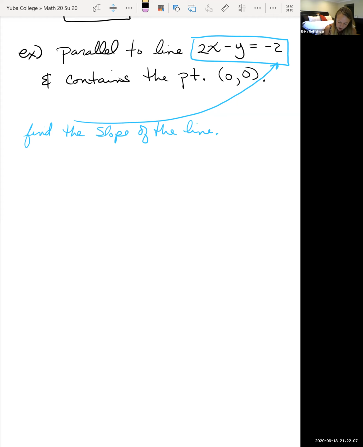We can always do that if we're given the equation, and it's linear, by putting it in the form y equals mx plus b. So get y by itself: subtract 2x on both sides, so we're left with -y equals -2x minus 2, not like terms.